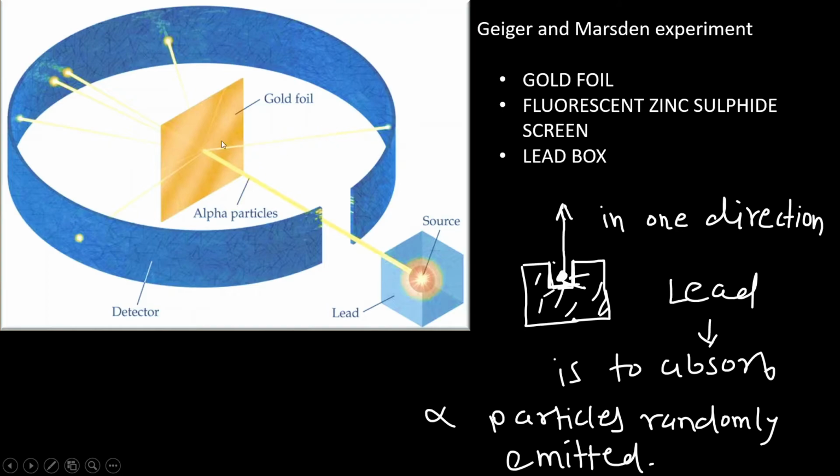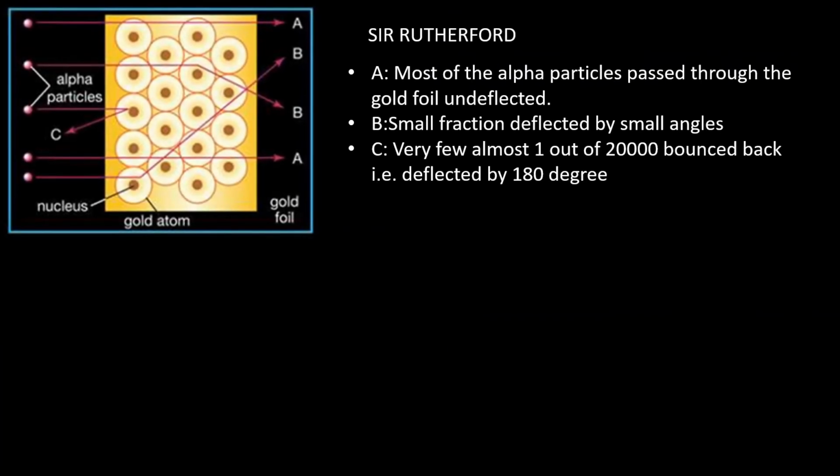This deflection of more than 90 degrees was a little crazy for Sir Rutherford, because it was not consistent with Thomson's atomic model.